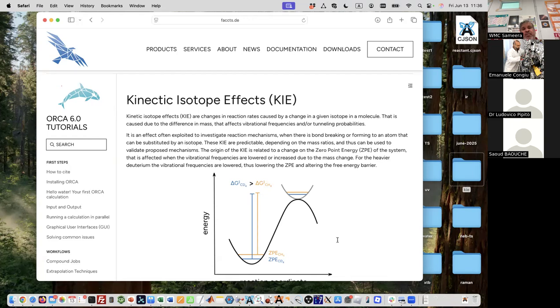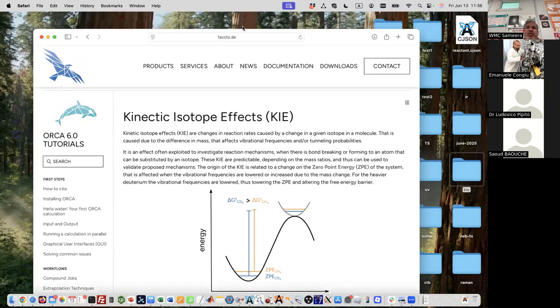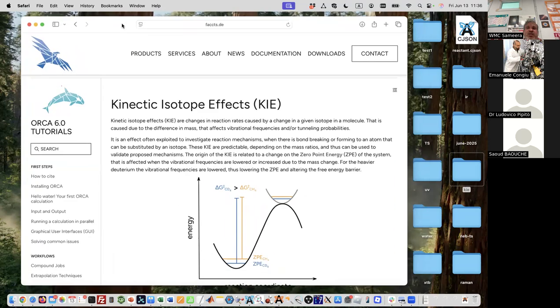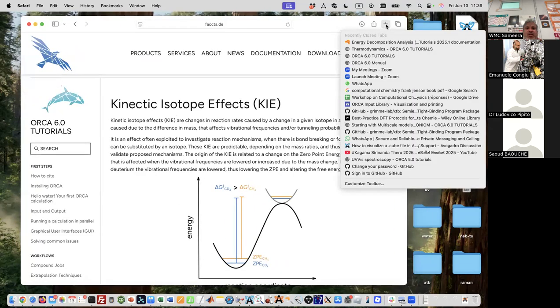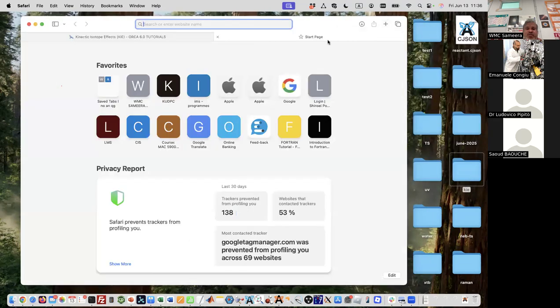And there are other methods to locate transition states. So if you can really guess the transition state, you can directly run a transition state calculation as well.